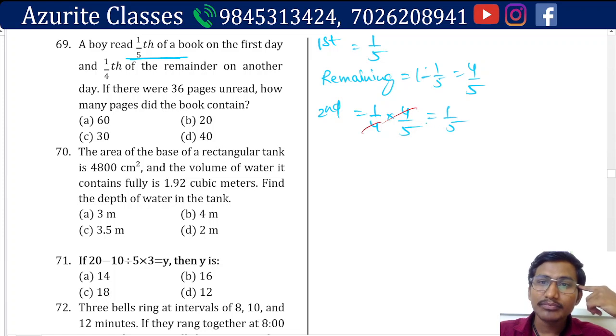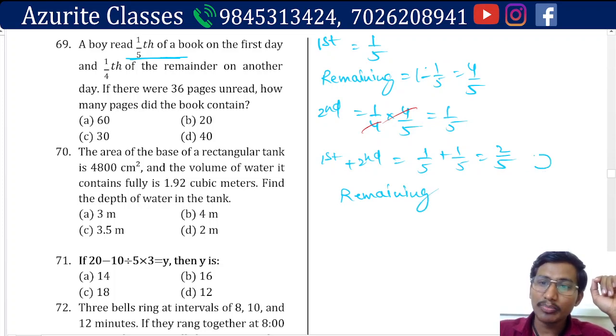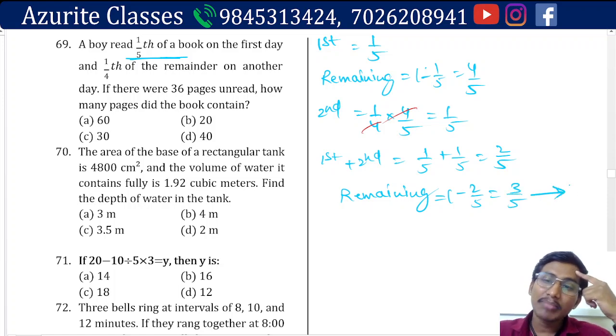Now first day plus second day, total is how much? 1 by 5 plus 1 by 5, 2 by 5. Remaining from this will be, in 5 2 parts are read, so 3 parts will be remaining, or you can take 1 minus 2 by 5, that is 3 by 5 will be remaining. This 3 by 5 is how many pages?